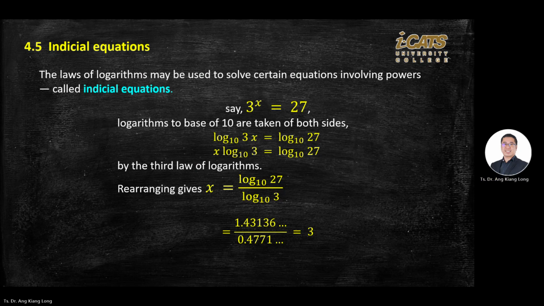Base 3, this one. 3 power 3, can. But the intention is to use that. If you see this, the next step is to change to log. The intention is to show you the next step is to use log, the conversion between index and log.